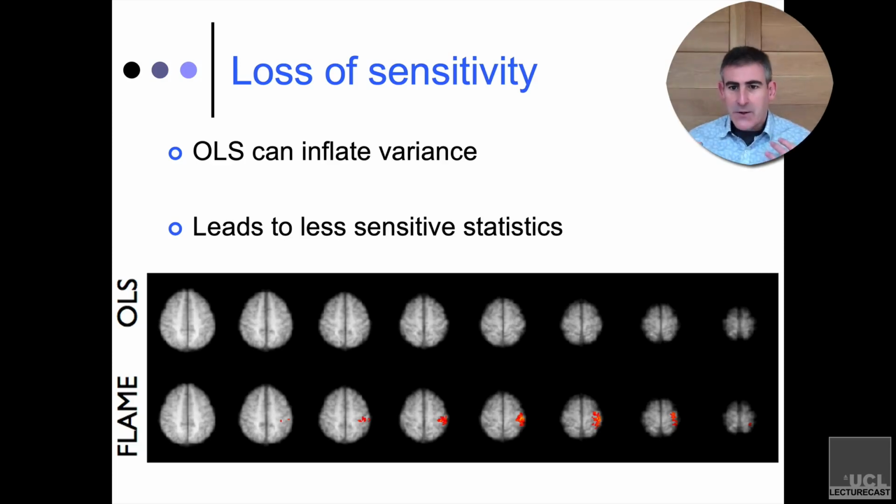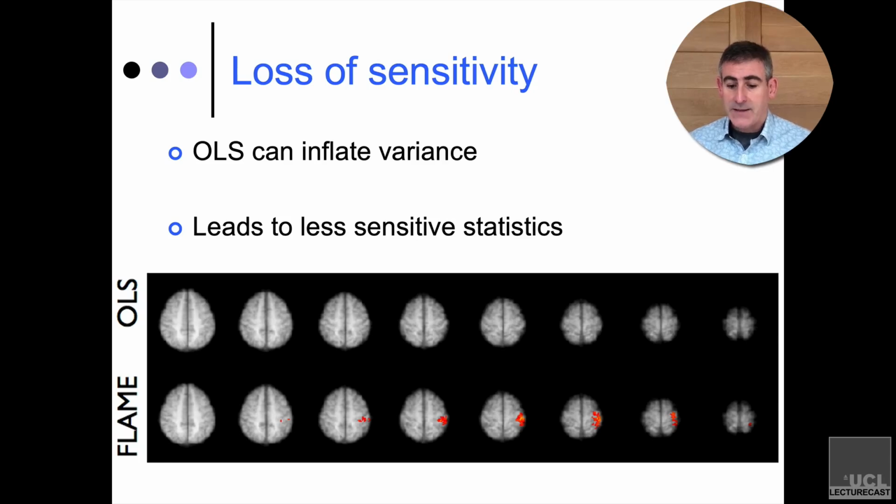Okay, so I mentioned that an ordinary least squares approach potentially can lead to this loss of sensitivity. And what I'm showing here in this slide is an illustration of that. This is the finger tapping task, with just a relatively small number of people. In this case, I have only 8 participants.